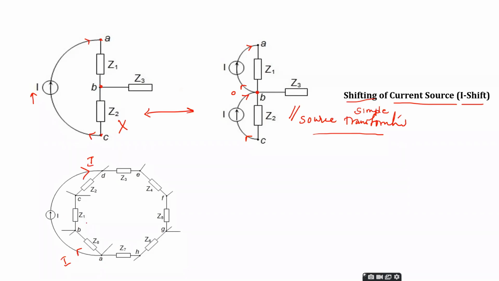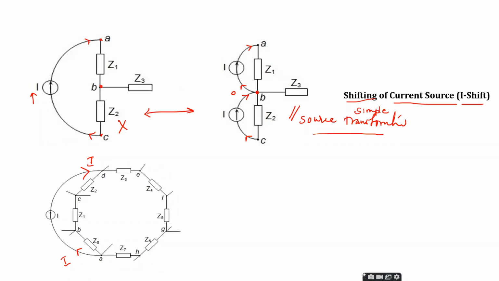If this is the case, source transformation cannot be applied. There is no possibility of source transformation here, because the current source is not in parallel with any of the resistors, and the voltage source is not in series with any resistors here. For that reason, we do go for source shifting.